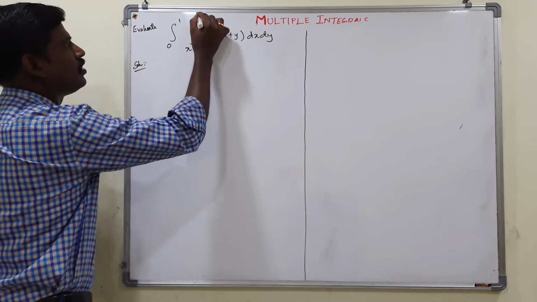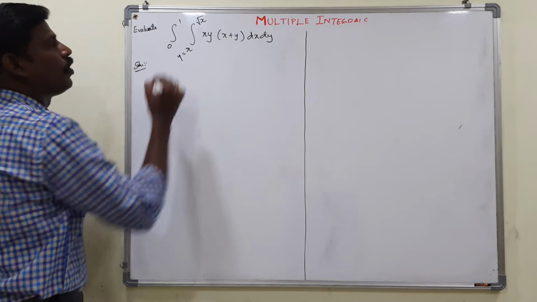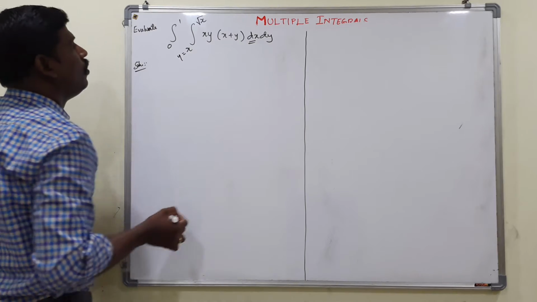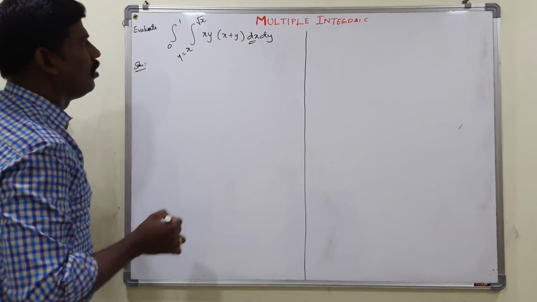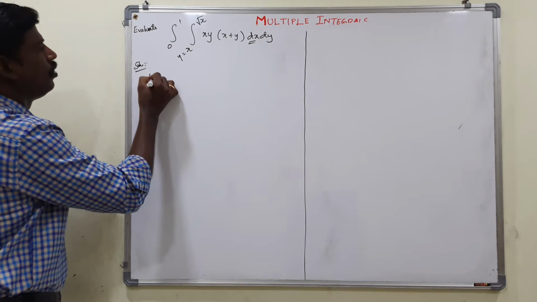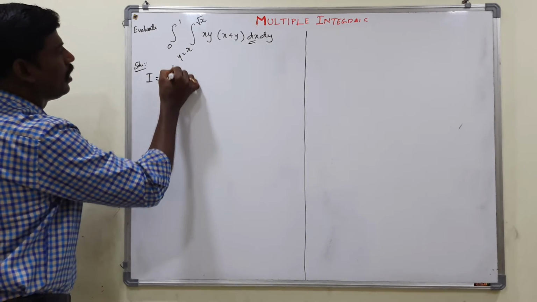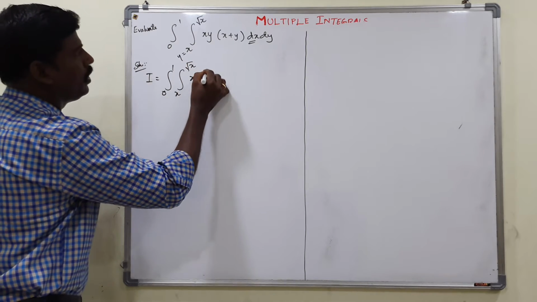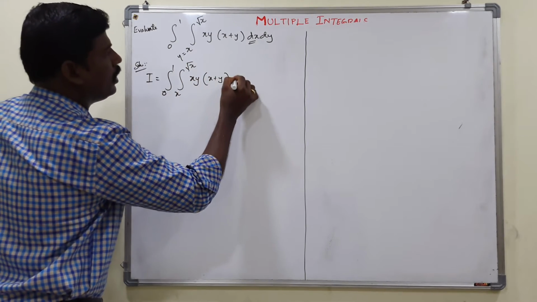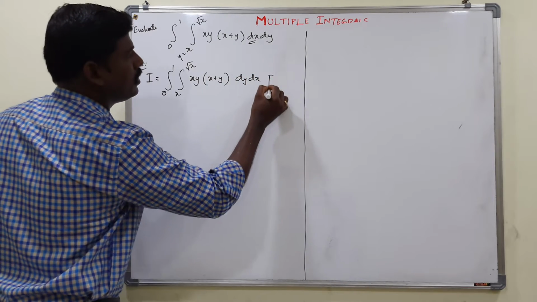The functions of x are given here, so this is the limit for y. So we need to integrate with respect to y at first, but it is not in the correct form. So rewrite the given integral as integral 0 to 1, x to root x, xy into x plus y, dy dx, because it is the correct form.